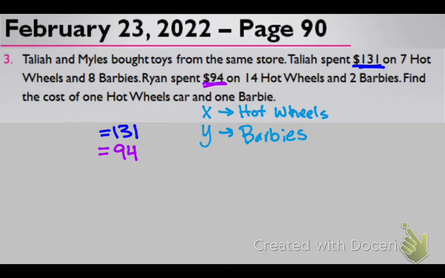So 7, 8, and 14. Yeah, so Talia has 7 Hot Wheels and 8 Barbies. How would I write that? 7x, 8y. So I have 7 Hot Wheels and 8 Barbies. 7x plus 8y equals 131.